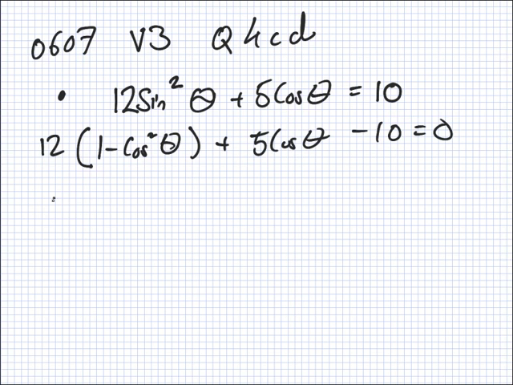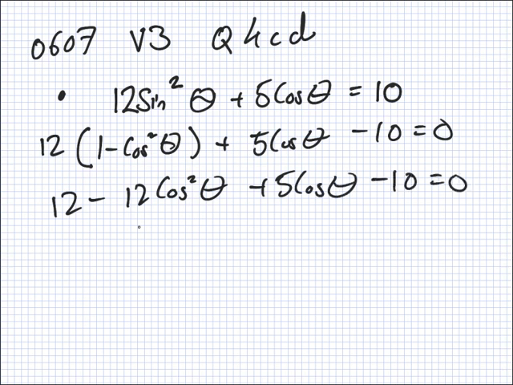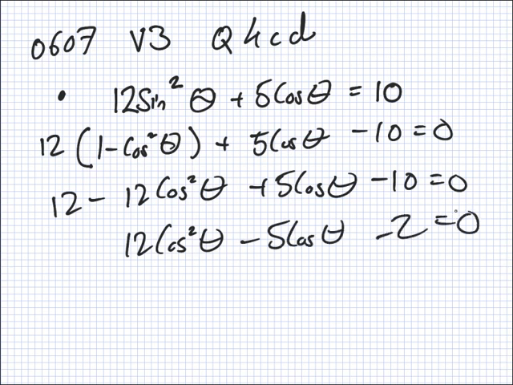That's 12 minus 12 cos squared theta plus 5 cos theta minus 10 equals 0. That's 12 cos squared theta minus 5 cos theta minus 2 equals 0. I think this quadratic will be okay to factorize.